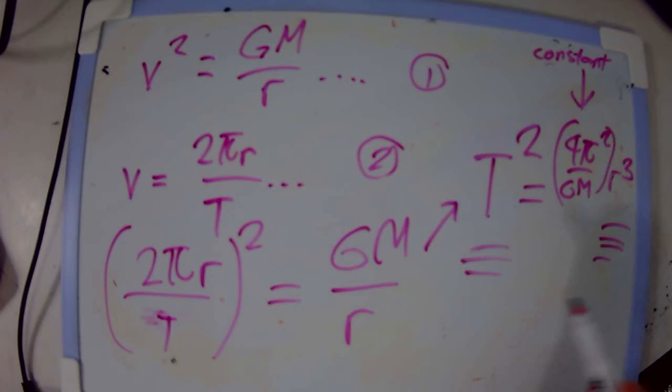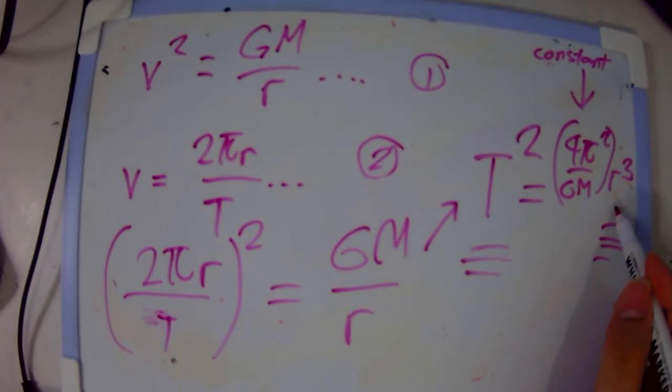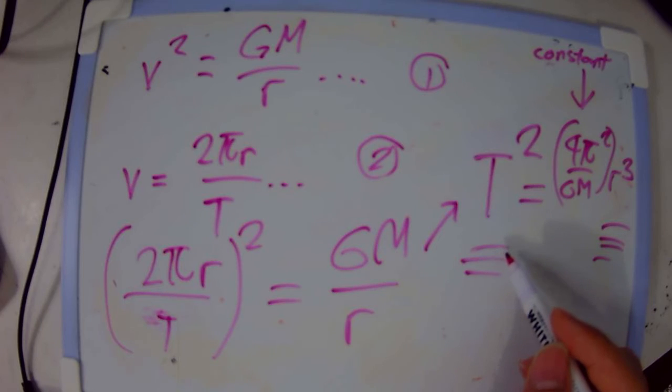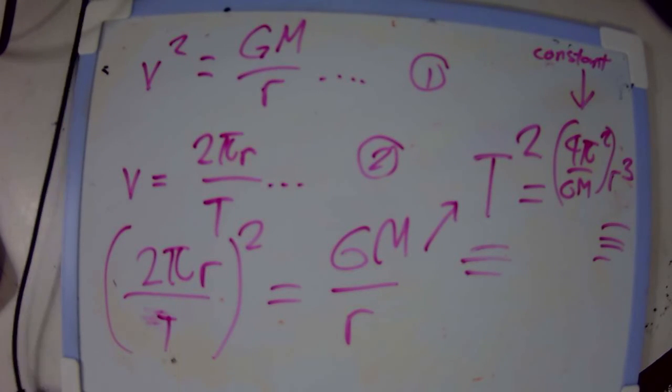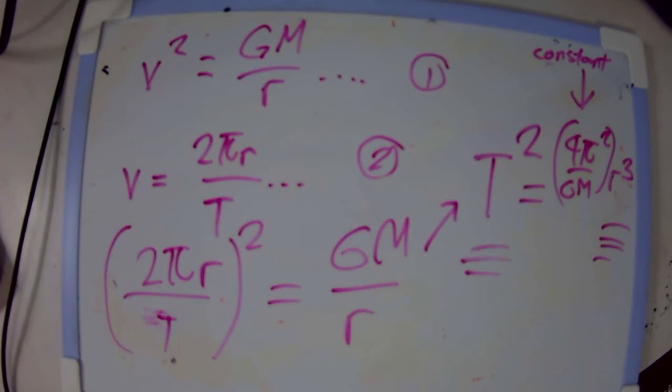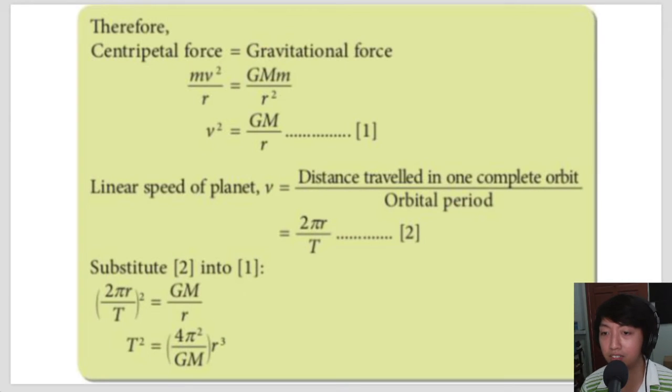That is the relationship between the square of the orbital period and the cube of the radius of the orbit. Okay. So far I'm only talking about how they came up with the formulas in your questions and in your textbooks.